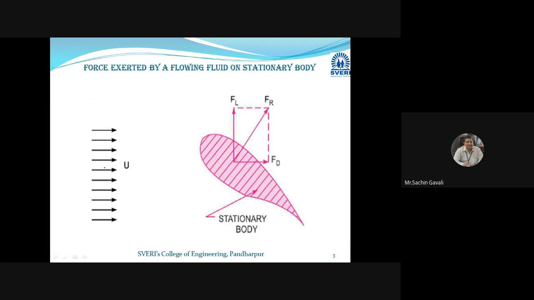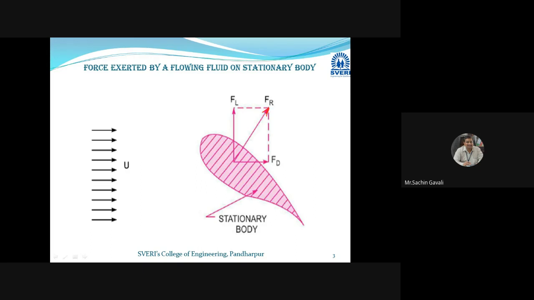As per our earlier discussion, this fluid will exert a force on this particular body, and we call this the resultant force, Fr. As already told, any kind of force we can resolve into two components.